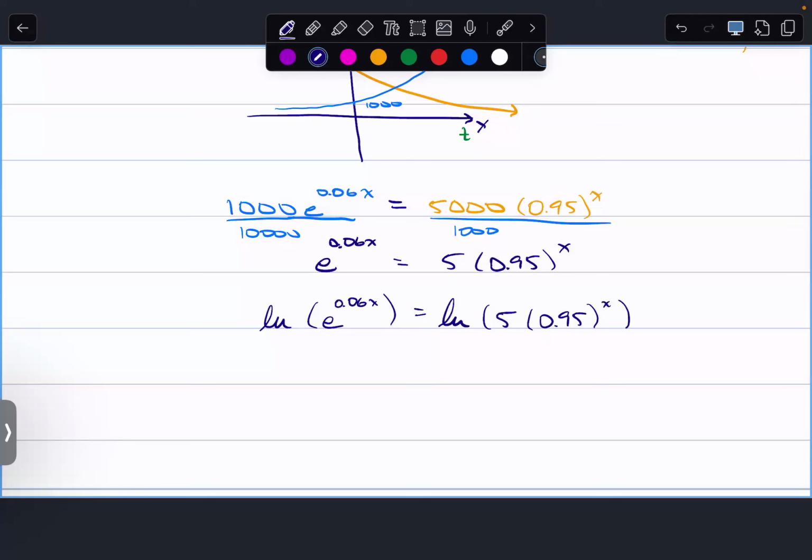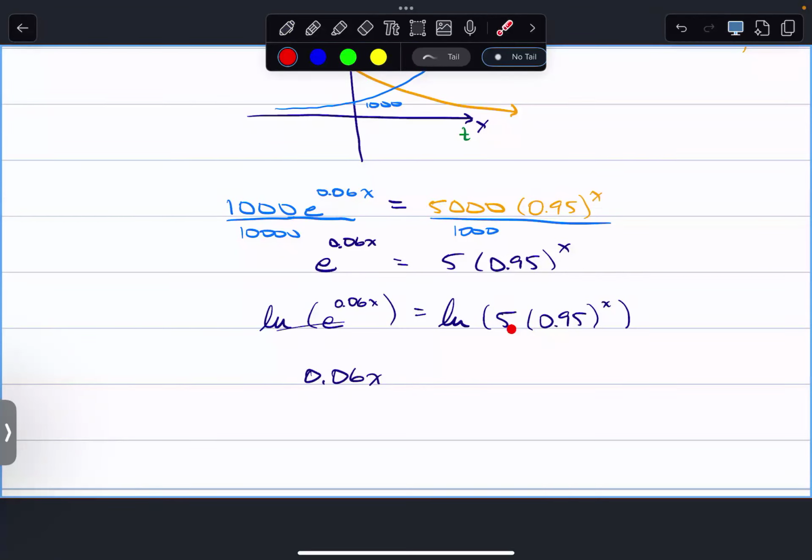I use the natural log so it would cancel with the e. So on the left-hand side, I'm left with 0.06x. On the right-hand side, I'm not so lucky. There is no cancellation, but I am multiplying inside 5 times 0.95 to the x.